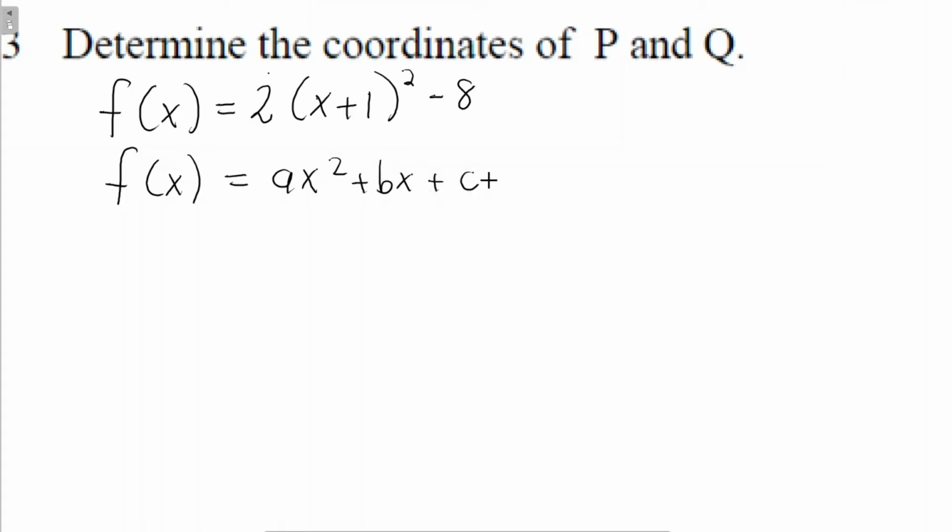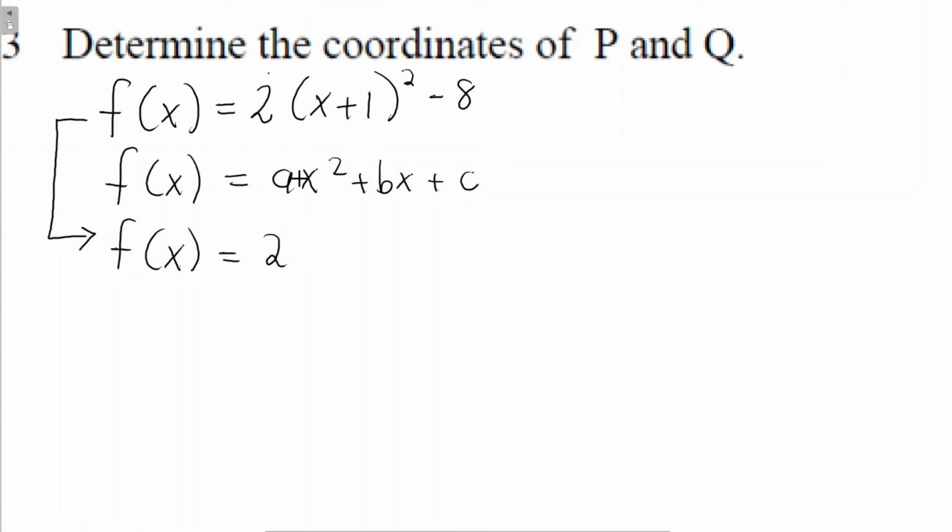Once the equation is in this form, we can find the coordinates of our x-intercepts by either using the quadratic formula or by inspection. So let's quickly get this quadratic function in the form ax squared plus bx plus c.